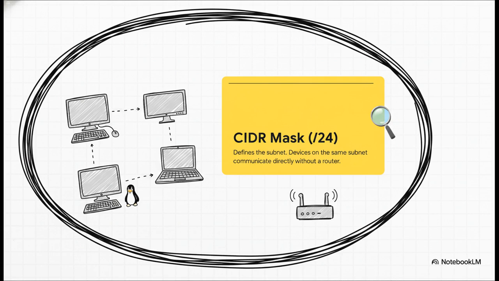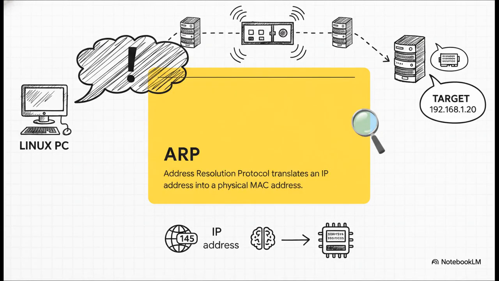So what if the destination is actually in that exact same local subnet? Let's say we're trying to reach 192.168.1.20. Linux knows it can skip the router entirely, but there is a catch. In a local Ethernet network, switches don't actually care about IP addresses. They only understand physical hardware addresses, which are known as MAC addresses.